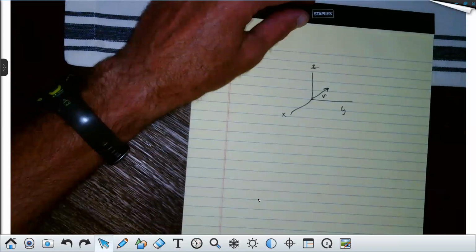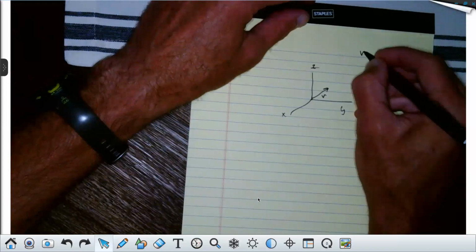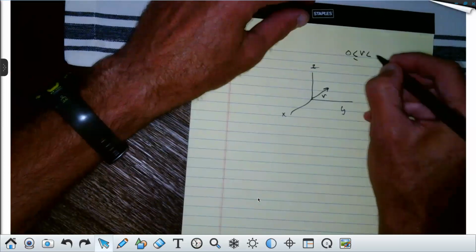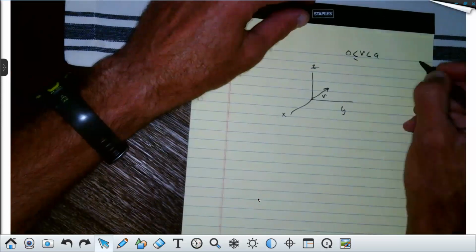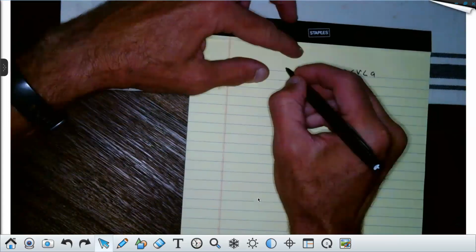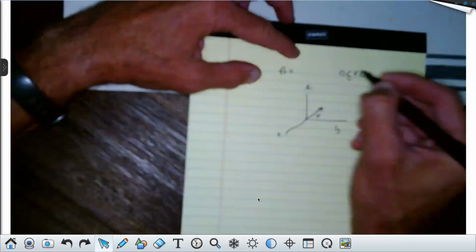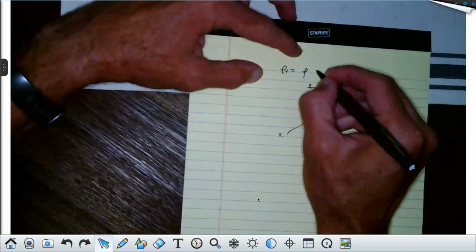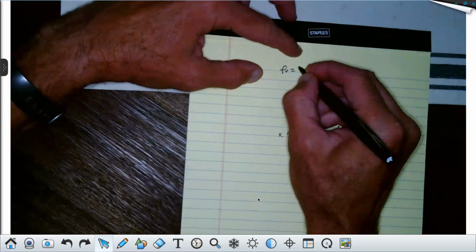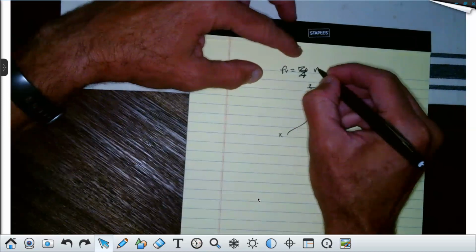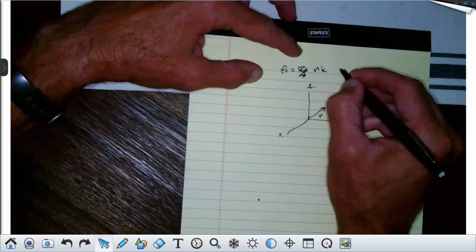And I'm going to say for R greater than or equal to 0, less than or equal to A, I'm going to have a volume charge density, rho V, equal to K times R, in coulombs per meter cubed.